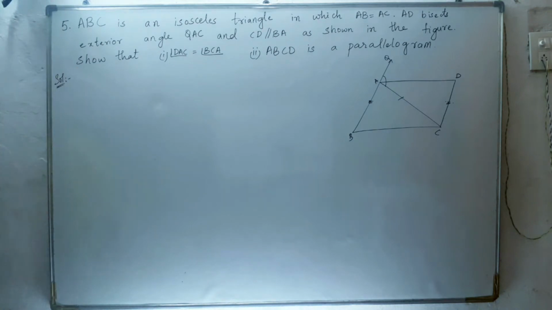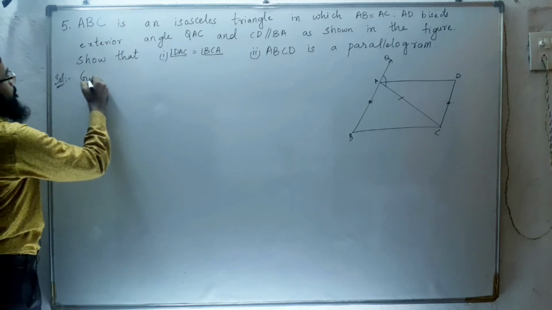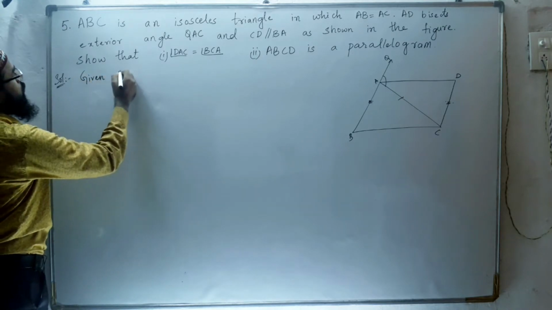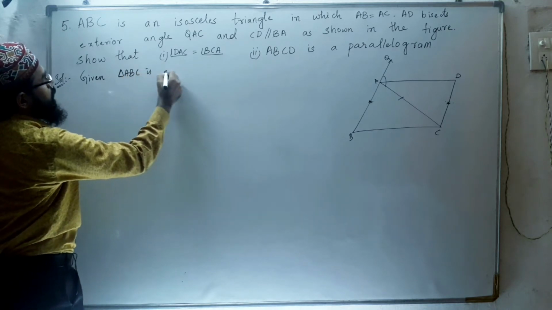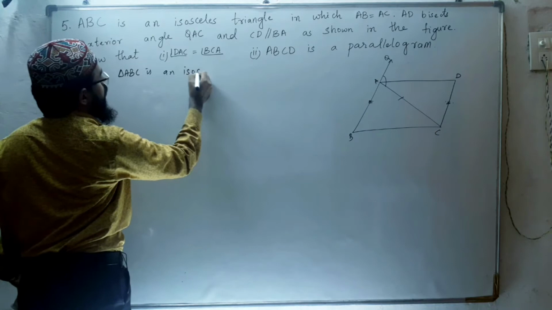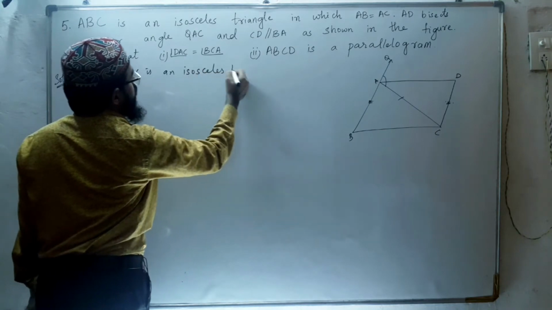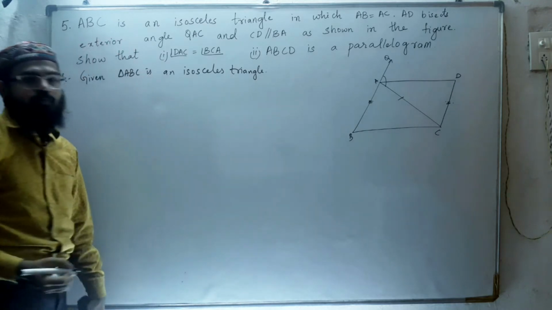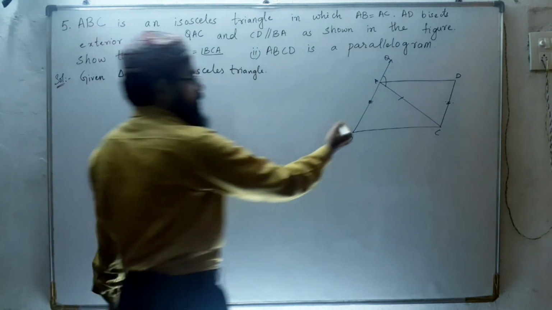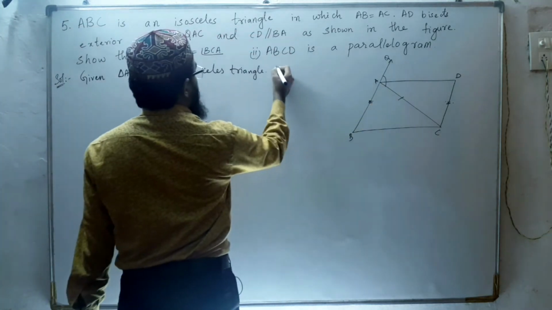For starting the solution, we have to write what is given. Given: triangle ABC is an isosceles triangle. Why is it isosceles? Because it has two sides equal. What are those?